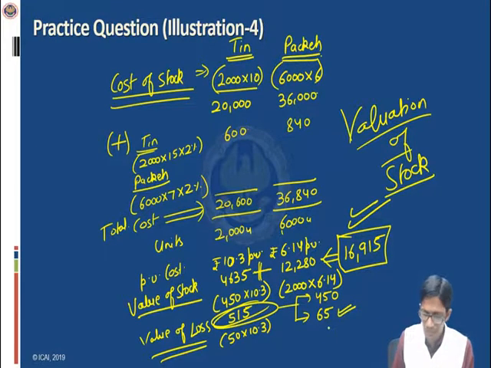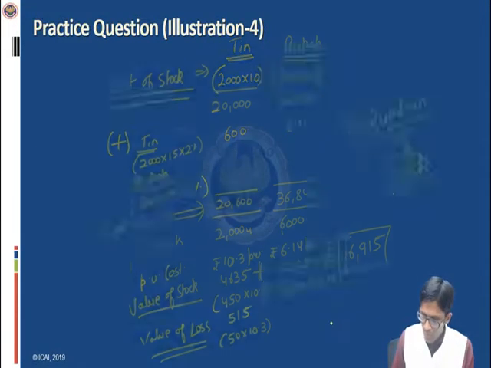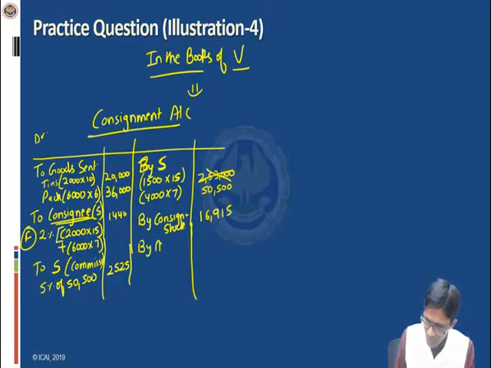is the actual loss that we have to bear. And therefore the entry will be made like, for rupees 450 we'll make the transporter responsible, and so the entry will be by claim from transporter. From transporter we'll claim rupees 450, and as far as rupees 65, the balancing amount is concerned, we'll debit which account?